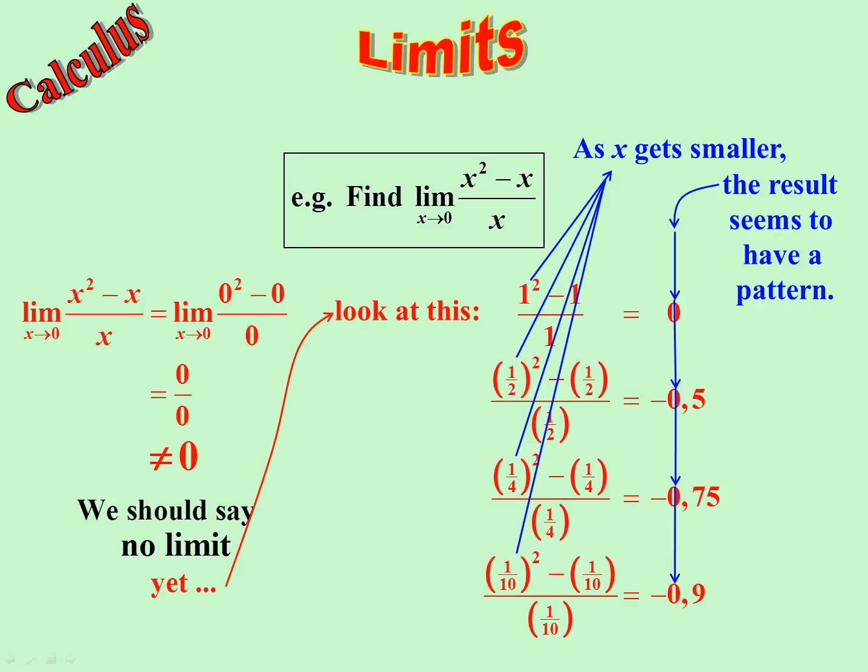There seems to be a pattern there. If we did 100th, you're going to find that it's still a negative number, and it's not quite at -1. And no matter what you do, the smaller you get, you won't ever get to -1, but you can get as close as you like. There does seem to be a limit.